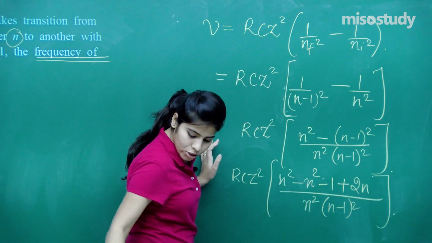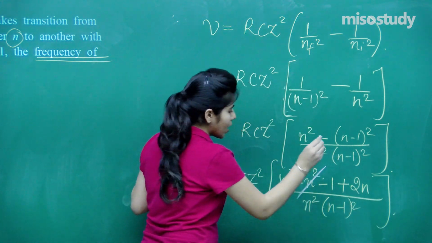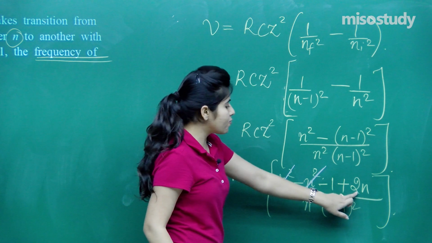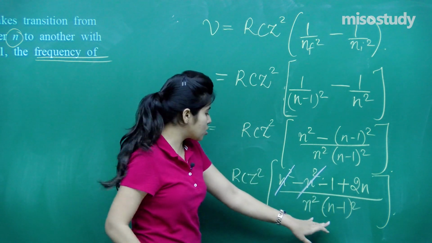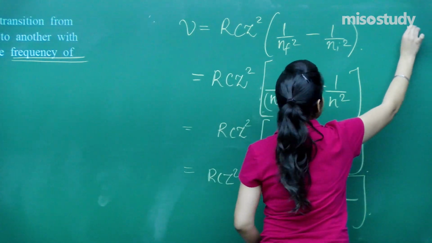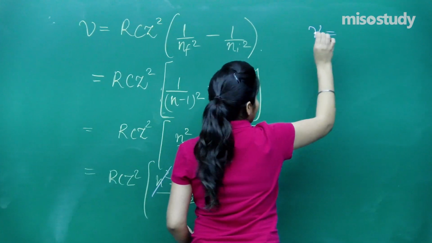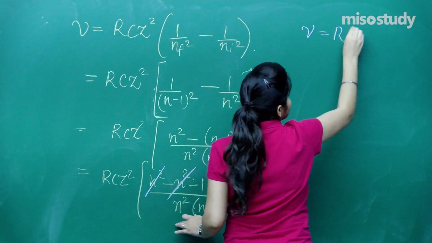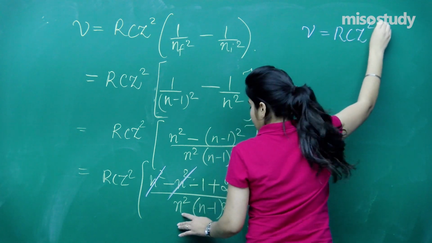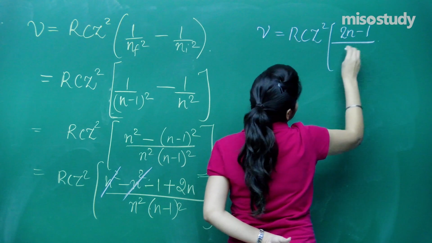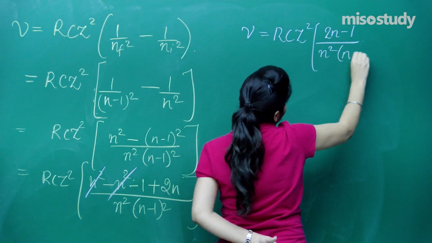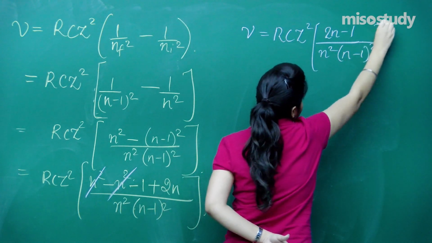So from here you can see, n square cancelled, and you are left with (2n minus 1) divided by n square into (n minus 1) whole square. So I will write it as nu equals, that means frequency equals RC(Z) square into (2n minus 1) divided by n square into (n minus 1) whole square.